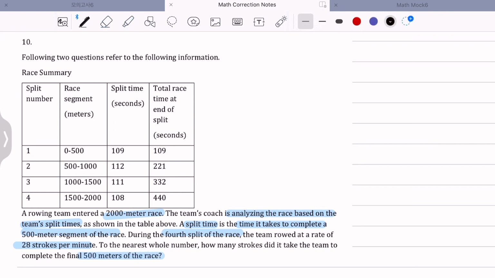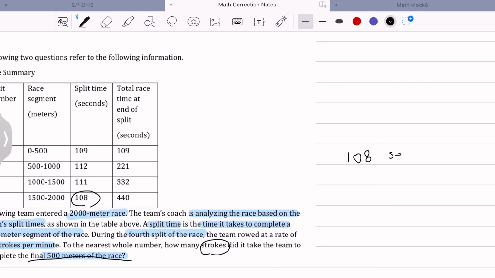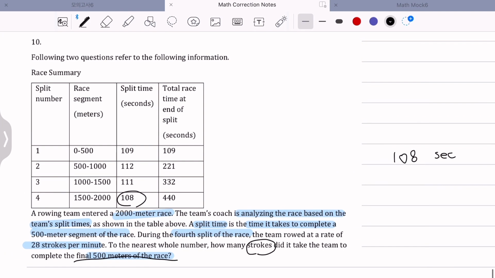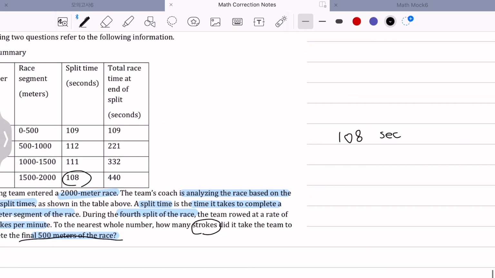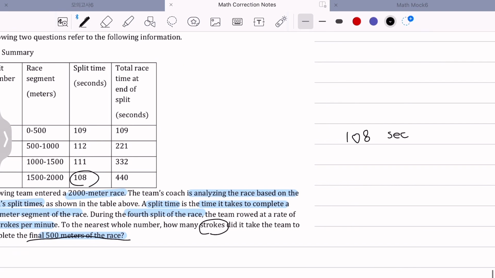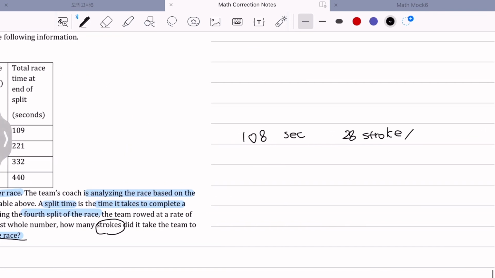Okay, so the question is asking how many strokes did it take the team to complete the final 500 meters of the race? So the split time it took is 108 seconds, and it ran 28 strokes per minute.